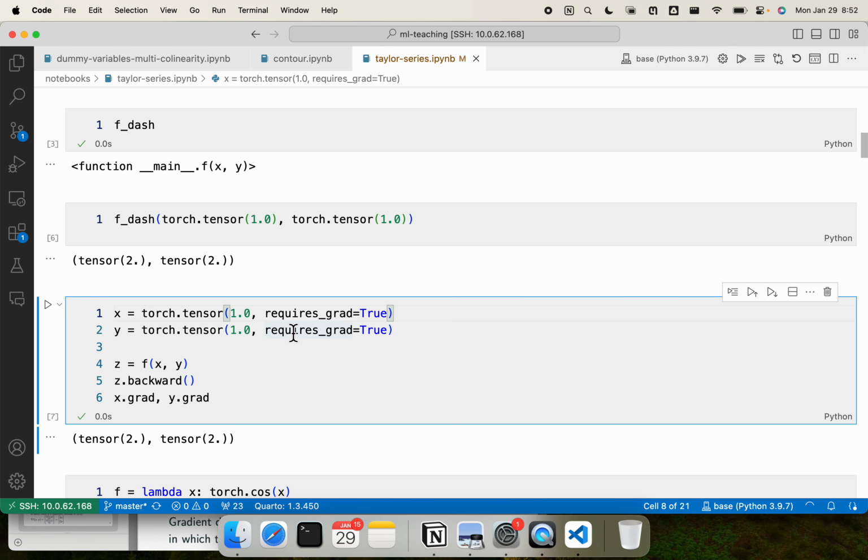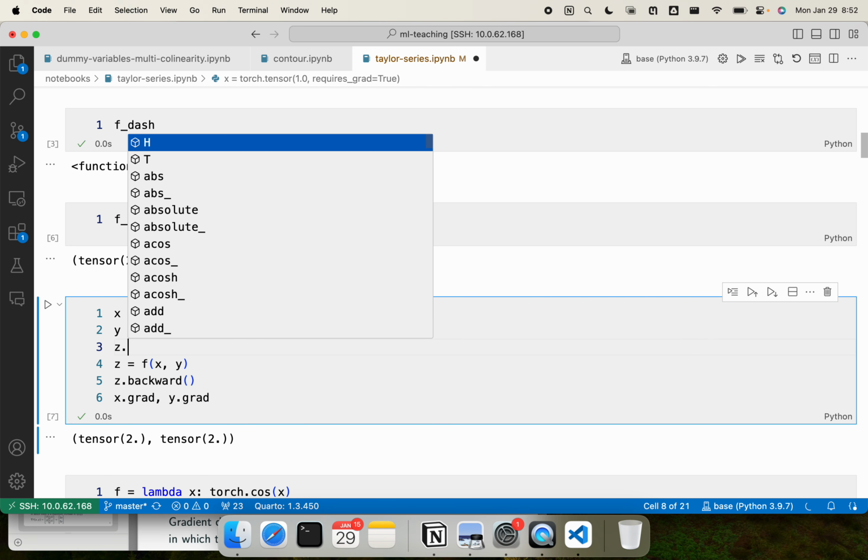Z dot backward. What is the use of z dot backward? So z dot backward starts off something known as backpropagation, which we'll study when we study AutoGrad and neural networks, which will ensure that we are able to compute the gradients with respect to the original quantities.